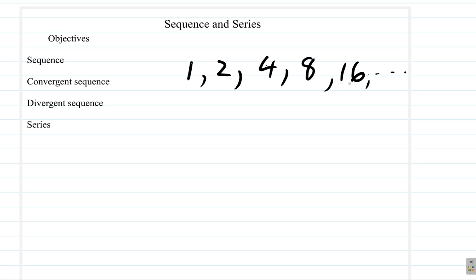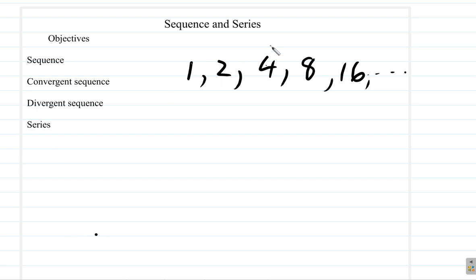That is a sequence of numbers. And remember, you separate the numbers with commas, right? Now, what do you think the rule is for generating the next term?